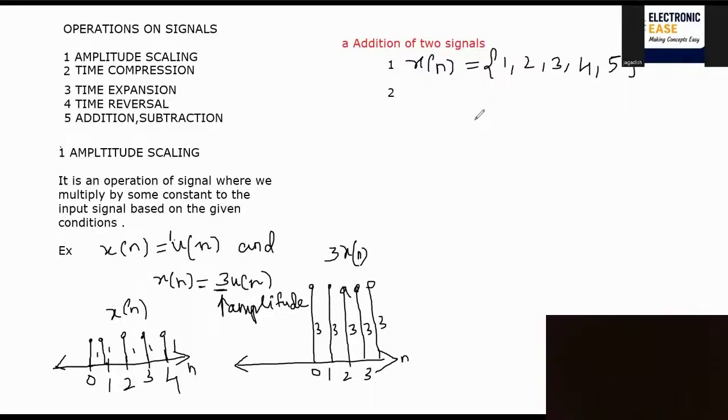And I have the signal y of n as 1, 4, 2, 1, 3. Students, if they have not mentioned it, I will write that also, and you also write it down, many people are going wrong.